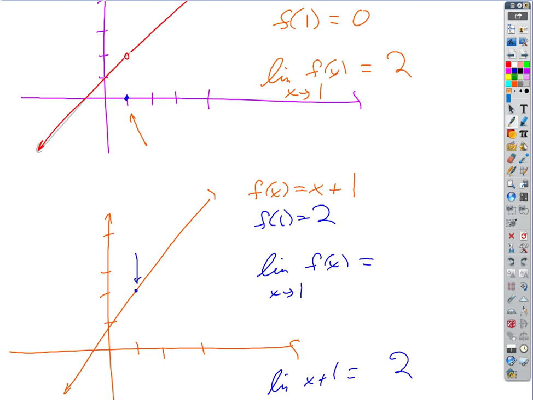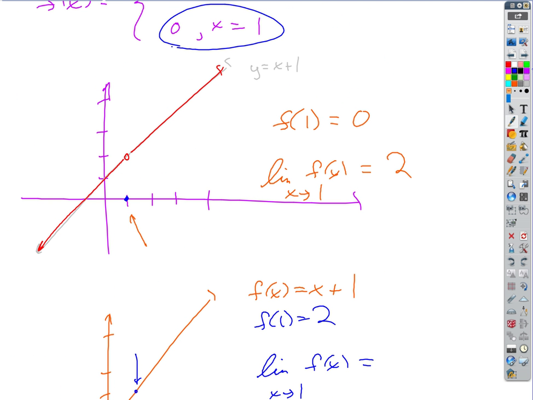If I go back to this previous example, and you told me that the limit of f of x as x approached 1 was 2, how'd you get it? Focusing on the point that it approached, right? So we kind of did need to graph this time. Agreed? Okay.